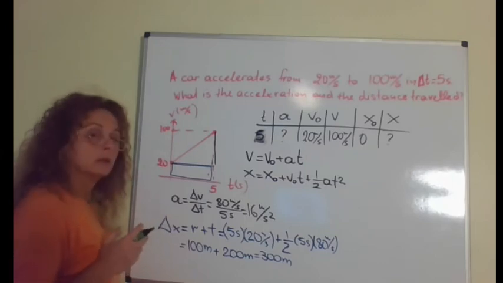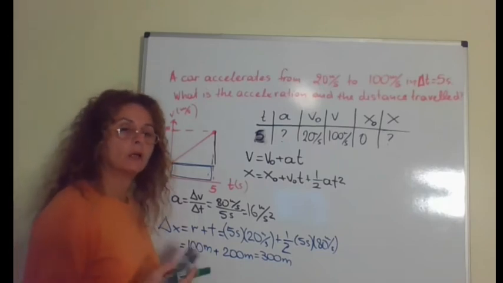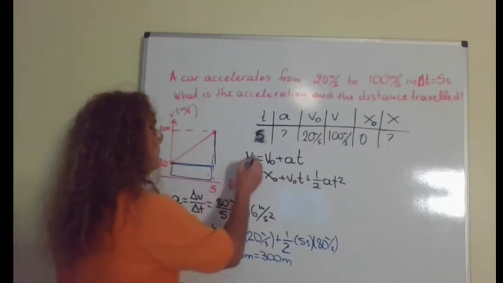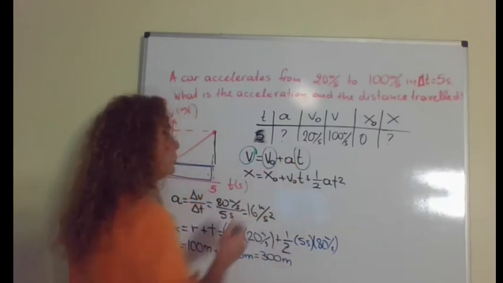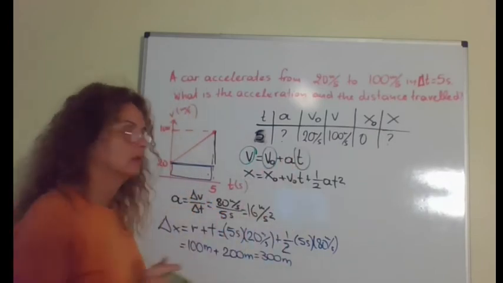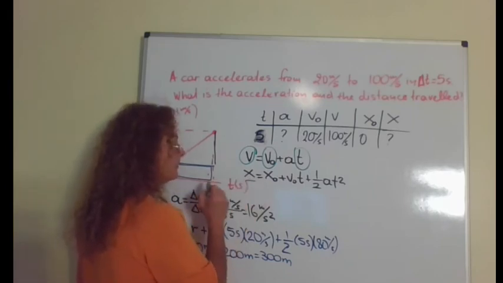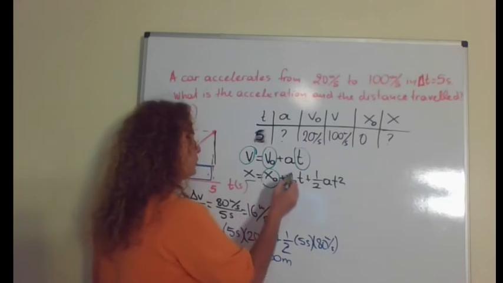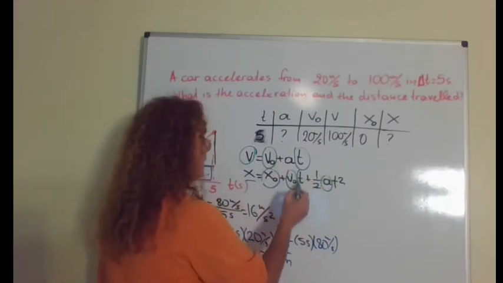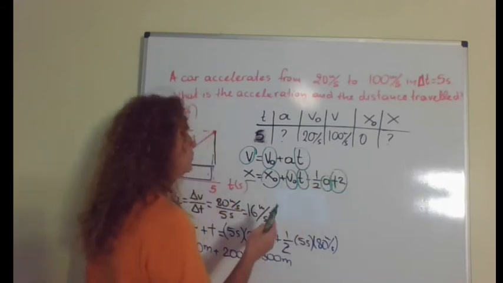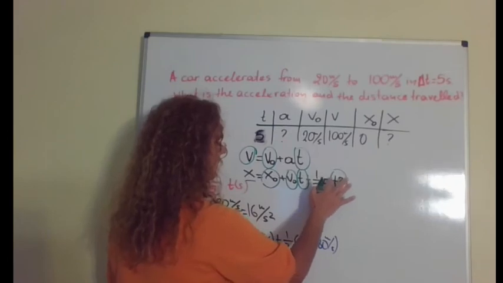So what do I know from each one? So I know where to start from. In the first, I know the final velocity, I know the initial velocity, I know the time, I don't know the acceleration, I'm good. In the second, I don't know the final position, and I don't know the acceleration.